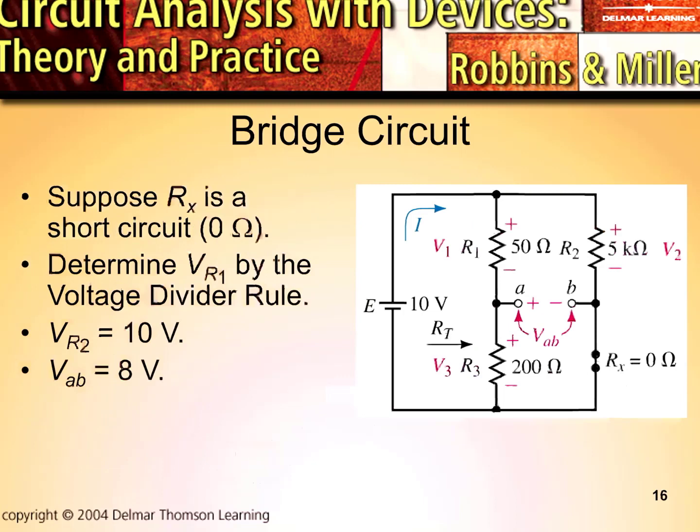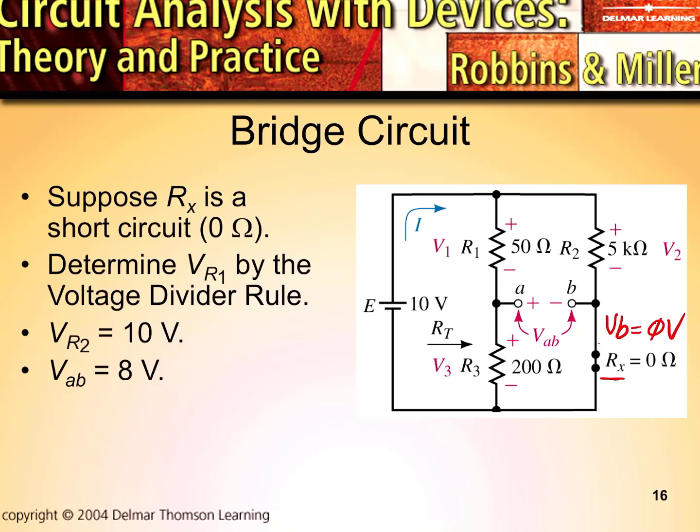Now it changes things up and it says suppose that Rx, that is the value here, is equal to 0, right? Well, that being equal to 0 now, we know that there's no potential difference here. So this voltage, VB, is going to be 0 volts, right? Whatever current is in that branch, and matter of fact, we know the current will be, there's only 5K ohms in that branch now because we've got 5K plus 0 ohms.